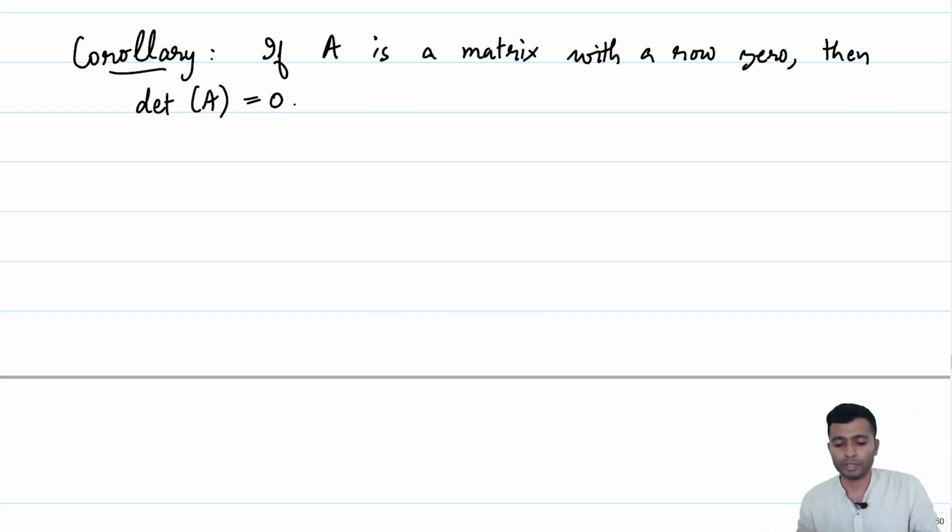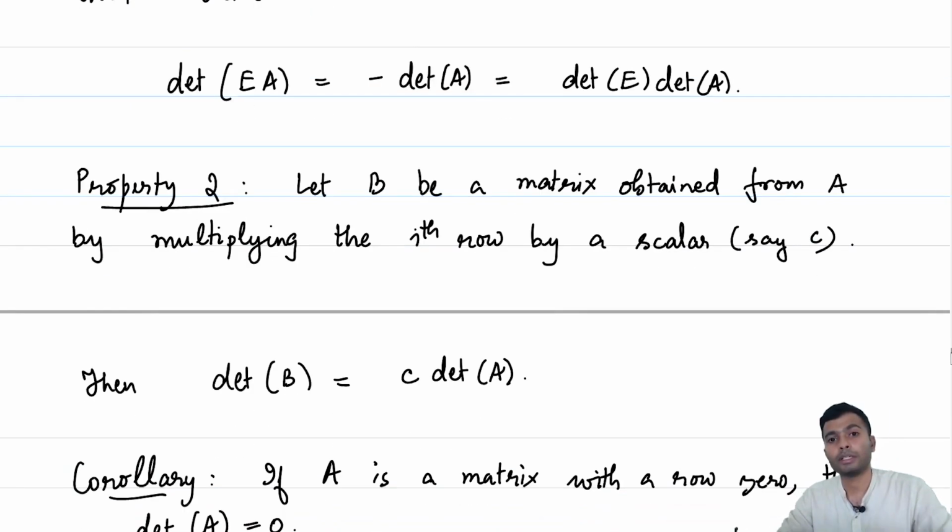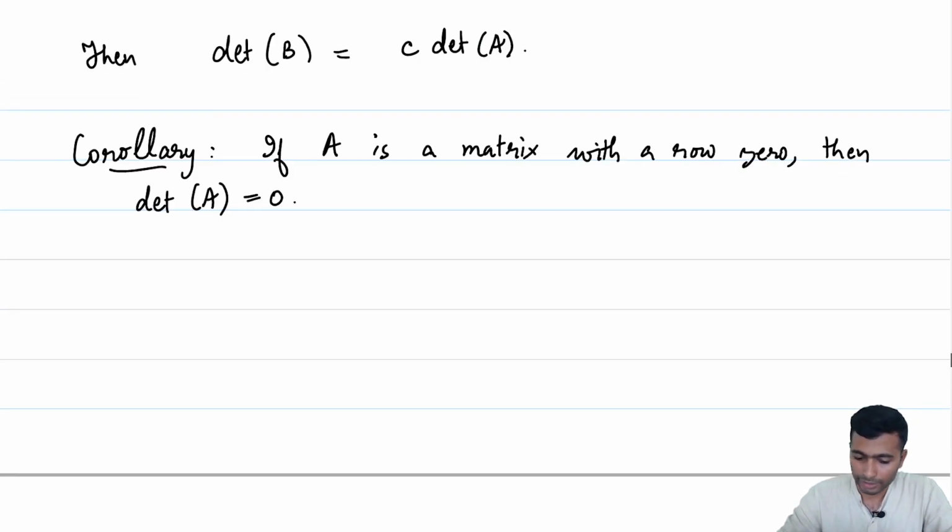So, let B be the matrix obtained by multiplying the 0 row by c. Notice that even though in the elementary row operation of type 2, we did demand that we always multiply by non-zero scalars, here in this property, we do not need to bother about that. Even for c equal to 0, this property holds, and that is precisely what we will be doing here.